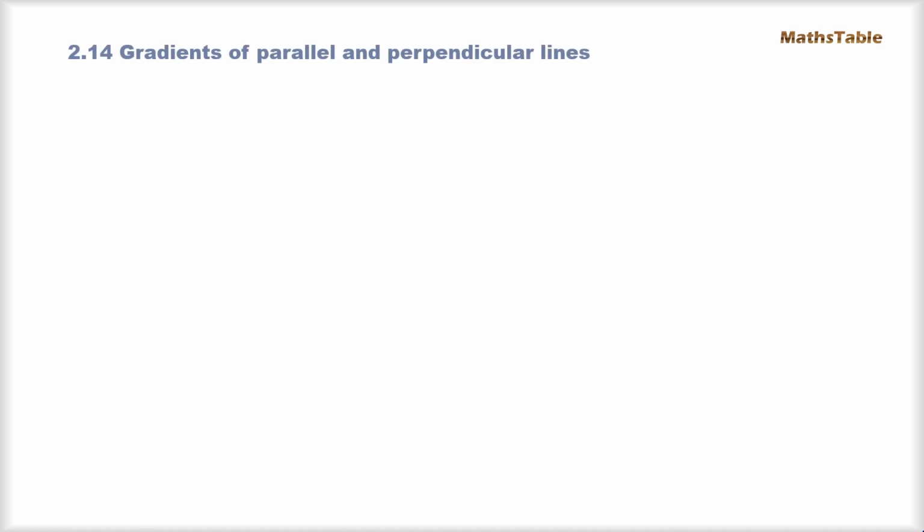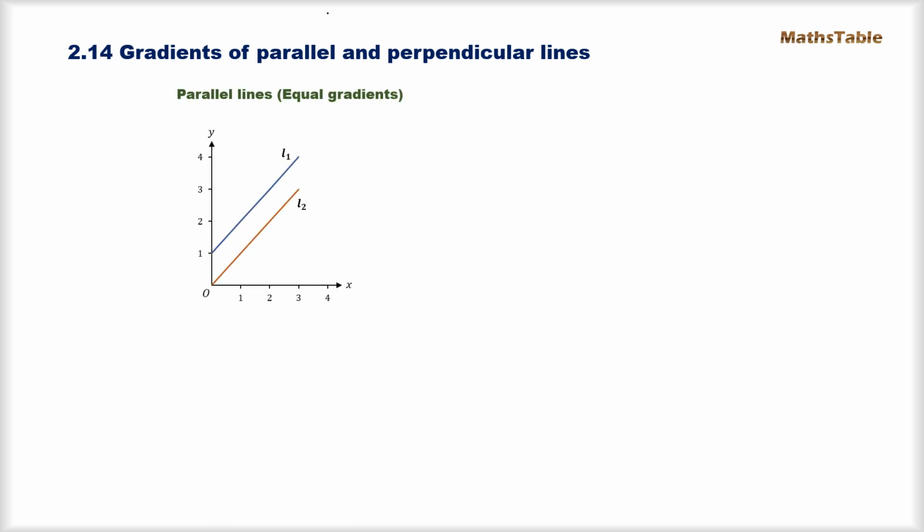Now the next section is about the relation of the gradients of two lines which are parallel to each other and two lines which are perpendicular to each other. First we'll look at this graph which consists of two lines L1 and L2. These two lines, as we can see, are inclined at the same angle with the horizontal x-axis, and so these lines are parallel to each other.